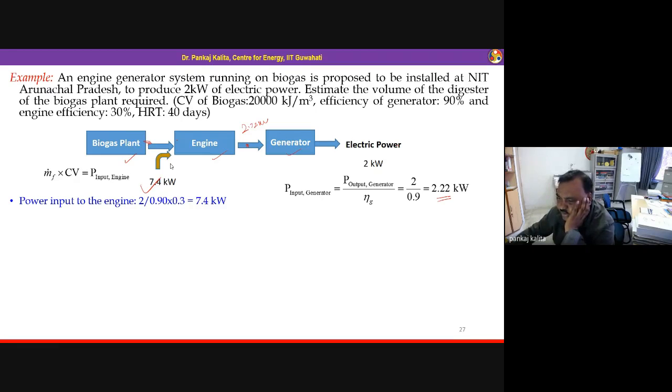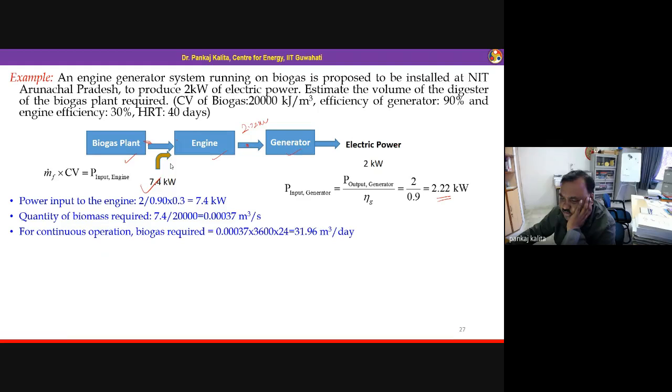Then the quantity of biogas required is 7.4 divided by 20,000, which is about 0.00037 cubic meter per second. For continuous operation, biogas required will be about 31.96 cubic meter per day, because it was in seconds, so it is multiplied by 3600 and then 24 hours. That's why it is daily.